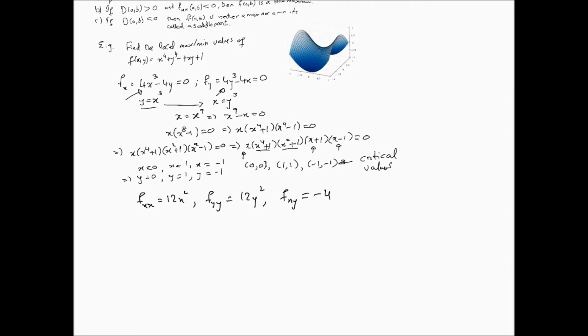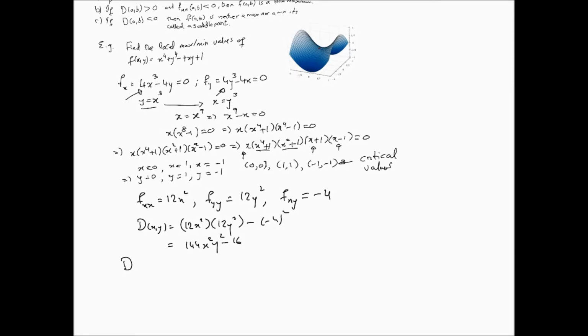So now, therefore, our D of (x, y), Hessian, turns out to be 12x squared into 12y squared minus 4 squared. So that's equal to 144x squared y squared minus 16.